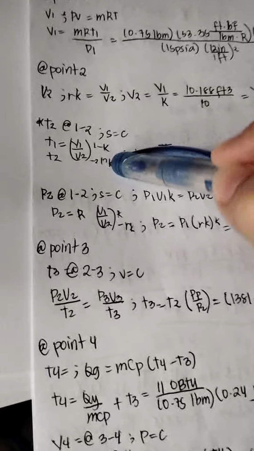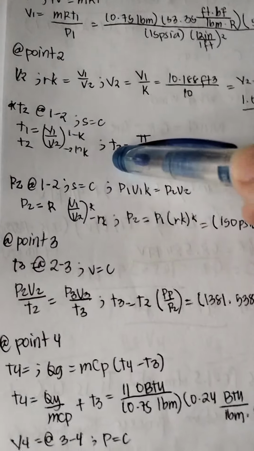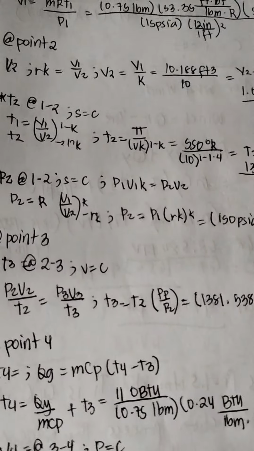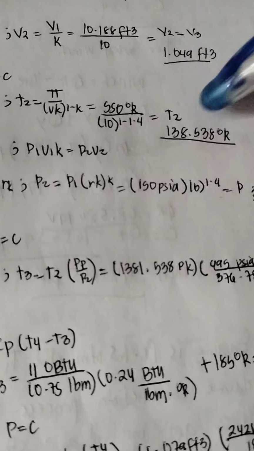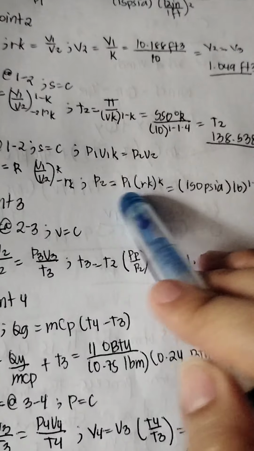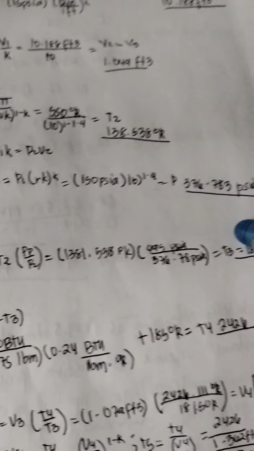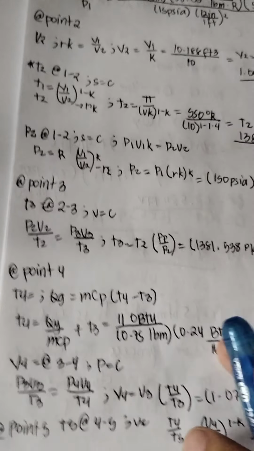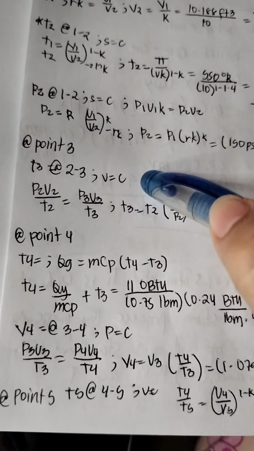So, sa T2 natin, T2 over T1 is equals to V1 over V2 raised to k minus 1, T2 is equals to 550 over 10 raised to 1 minus k, T2 is 1381.538 R. So, sa P2 natin, 15 psia times 10 raised to k, P2 is 376.783 psia.